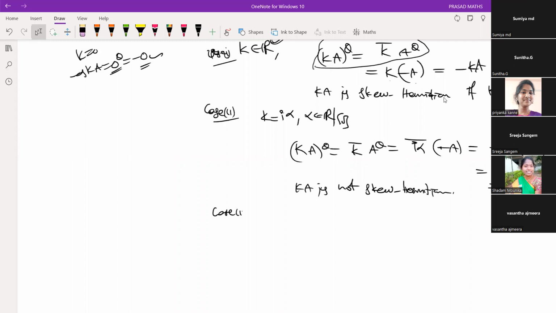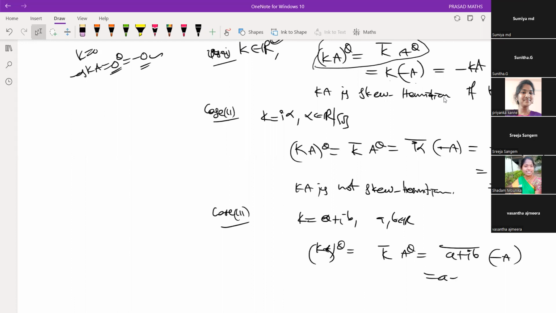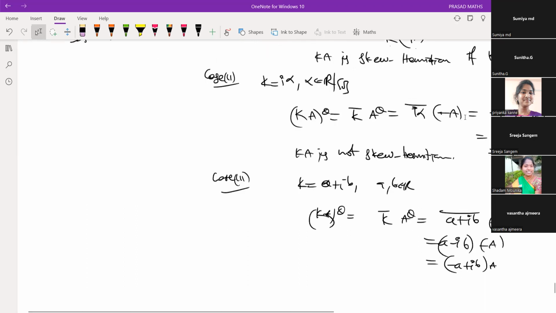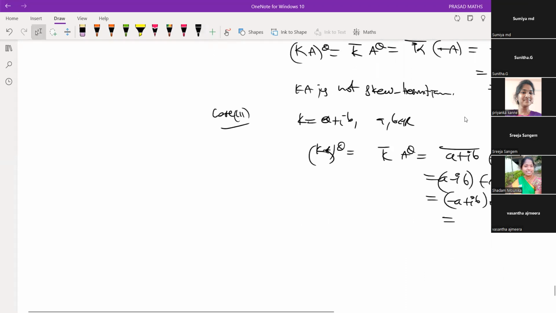Or else you can take K as a complex number, a plus ib, where a, b are real numbers. What is K into A whole theta? K bar into A theta. That is nothing but a plus ib whole bar into minus A. That means a minus ib into minus A. That is nothing but minus a plus ib into A. So this is not precisely KA, right?